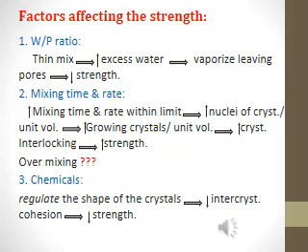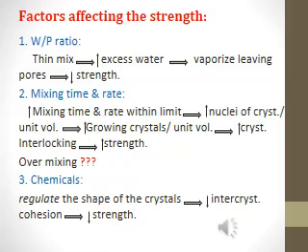Number two, the mixing time and rate. Increasing the mixing time and rate within limits will increase the nuclei of crystallization per unit volume, as we mentioned before, because you break the recently formed nuclei of crystallization, recently formed dihydrate crystals.